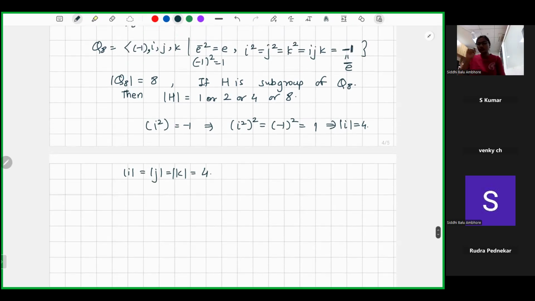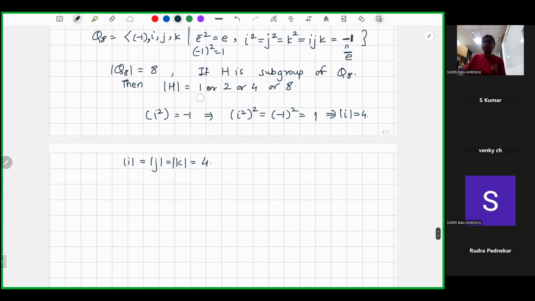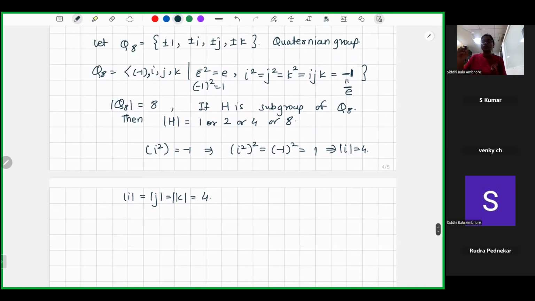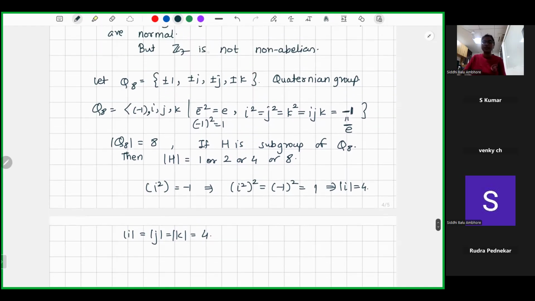Okay, so as I said, every subgroup can have either size 1, 2, 4, or 8. The only possible subgroups are either of size 1. Size 1 means only the identity element, that is 1. So this is a group under multiplication. So a size 1 subgroup means only the identity element. It is always a normal subgroup. Okay, and second is this minus 1 and 1.